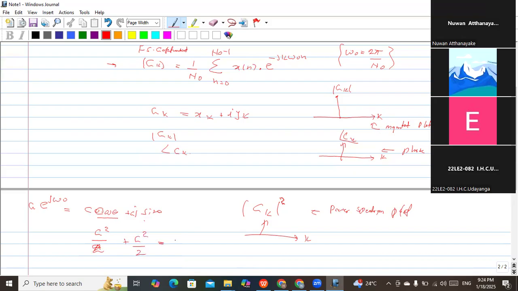So the total signal power will be c square. C is the magnitude, so c_k square is the power of the term c_k e to the power jk omega naught t. It will be the power of this term. Did you get it?